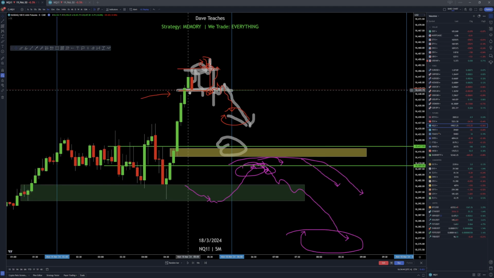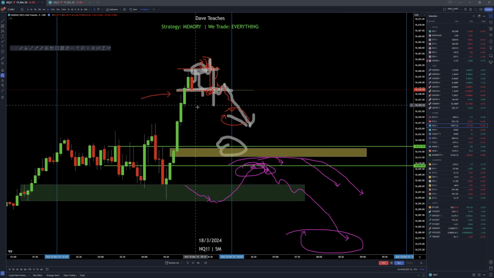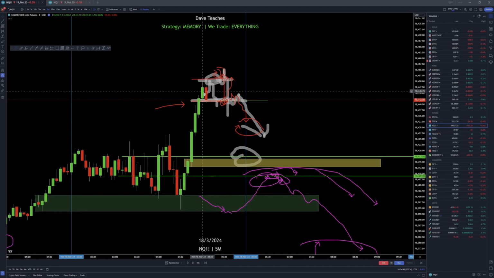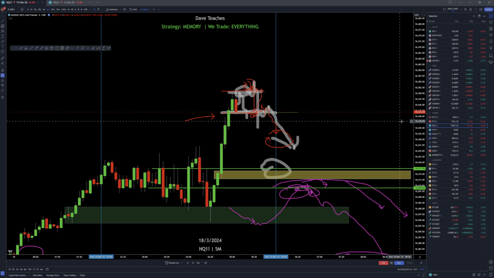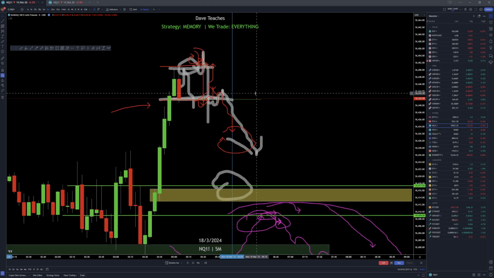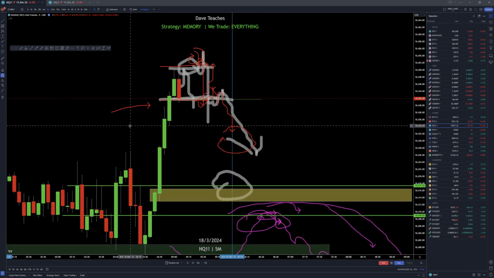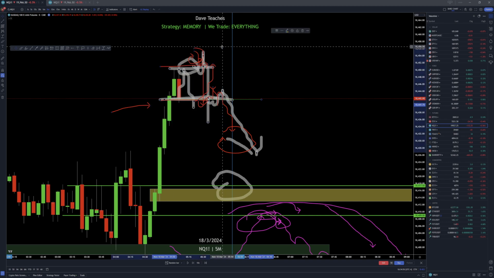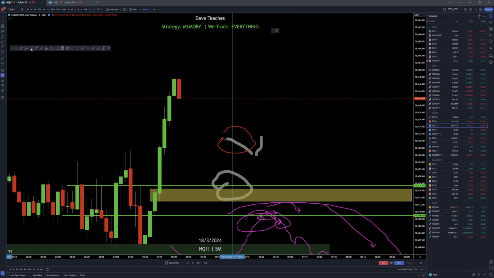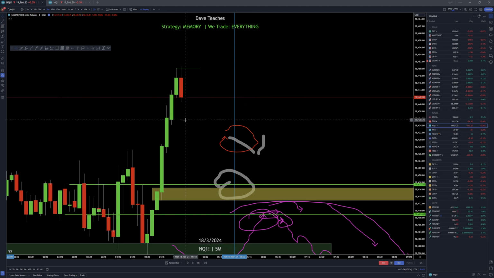Unless they straight up just sell stop this right down into lows. But we don't have, on the 1 minute, all we have is the 1 minute traded up above that high right there and then traded down to this low.